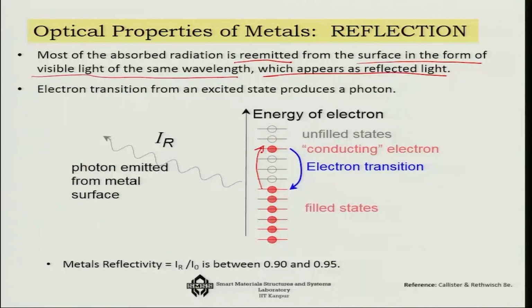So, as soon as it goes to the excited state, it again tries to jump back to the low energy state in order to minimize the energy, and as a result the electron emits energy of approximately the same frequency as the incident energy, and it comes back as reflected energy.